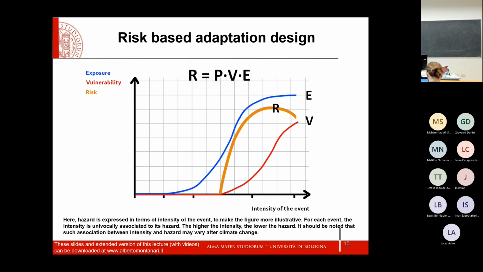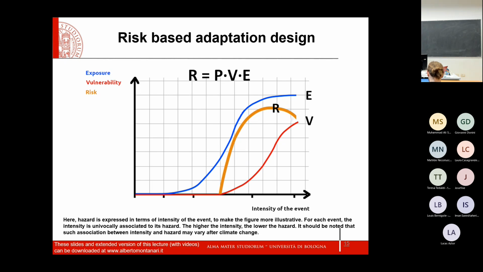And then it is reasonable to assume that after that threshold, vulnerability increases and reaches the value of 1 at a certain intensity of the event, with different patterns depending on the case study. You don't see any scale on the vertical axis, because otherwise I would have complicated the figure, as I should adopt different scales.